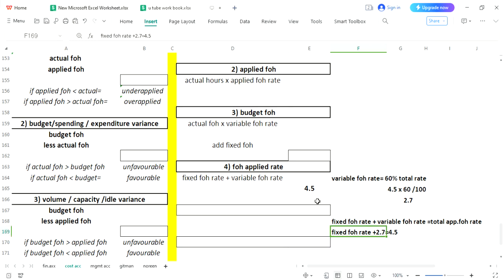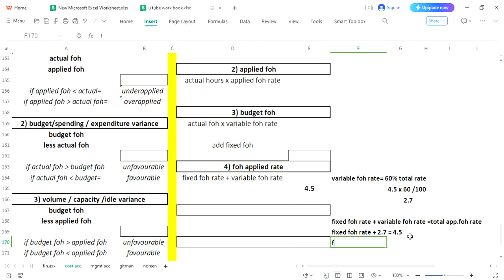Okay, try to understand all these rates. 4.5 was given in the book, 2.7 you have calculated by yourself. Now for fixed FH rate, what you can do, 2.7 is being added at the left side of is equal to, and you want to take it to the right side. When you migrate this amount to the opposite side, the sign would be changed. 2.7 here is plus, and it would be with a negative sign when you take it to the right side of is equal to.